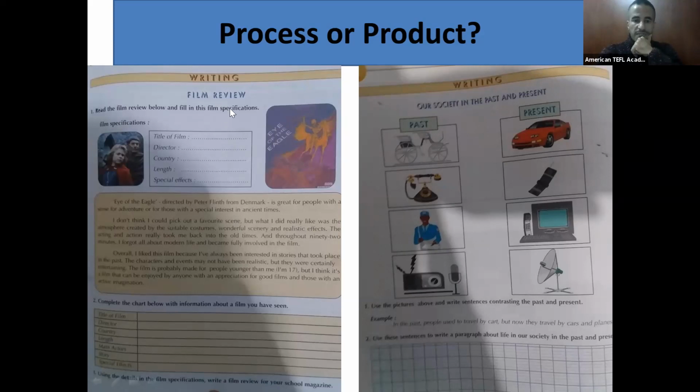This is the film review, and this is our society in the past. Now, what do you think? Which one is the process writing and which one is the product writing? And then we will see what we mean by process and what we mean by product writing. Let me give you 1 minute to think about the two pictures.